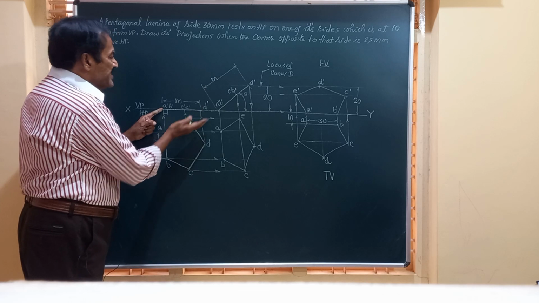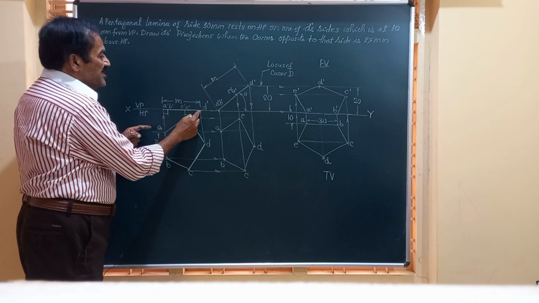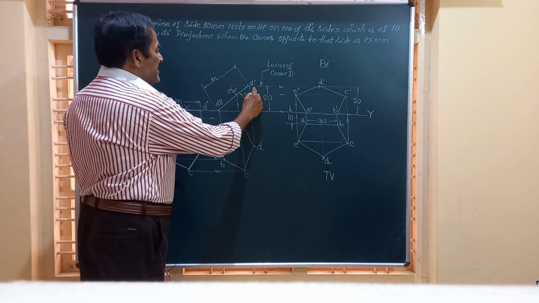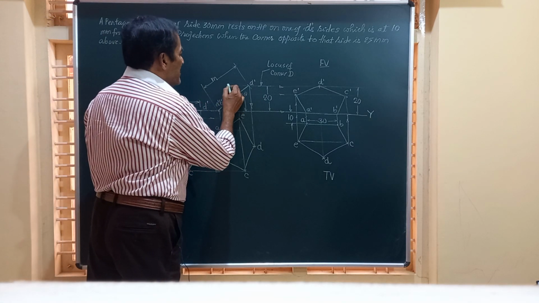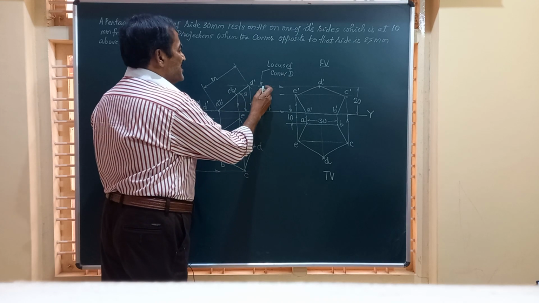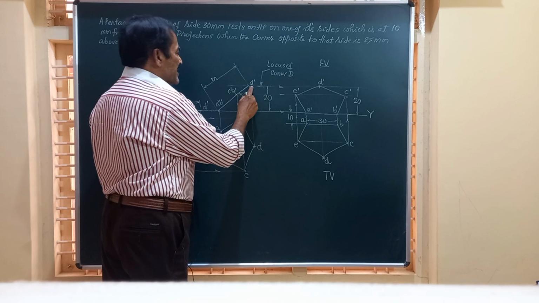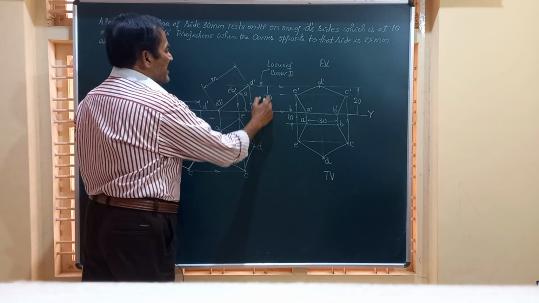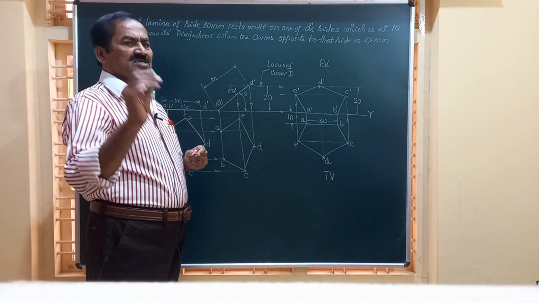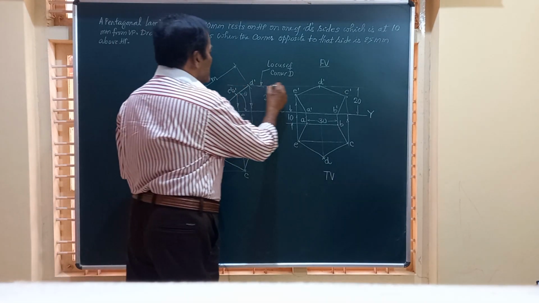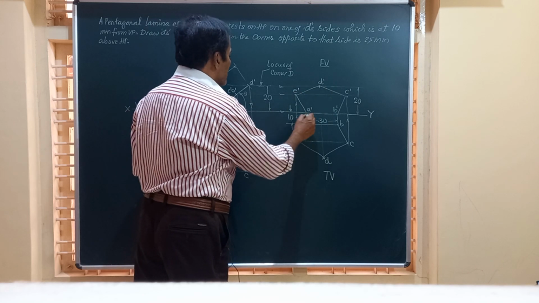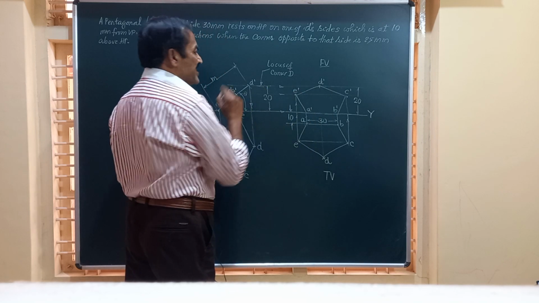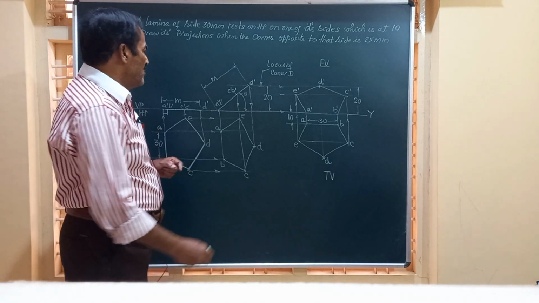But when you tilt it about this edge, it should go to a height of 25. Hence, I am going to draw a line here, which is called the locus of that corner D, which is at a height of 25. This is done by drawing a horizontal line parallel to XY at a distance of 25.